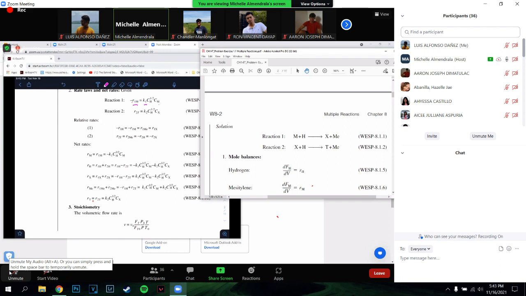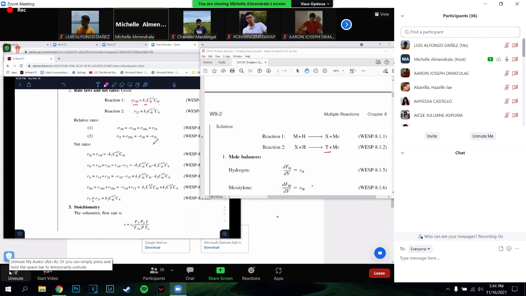And so for rate 2, reaction 2, I am defining here the rate for toluene for reaction 2. So this is toluene, and I'm defining here the rate of toluene in reaction 2.